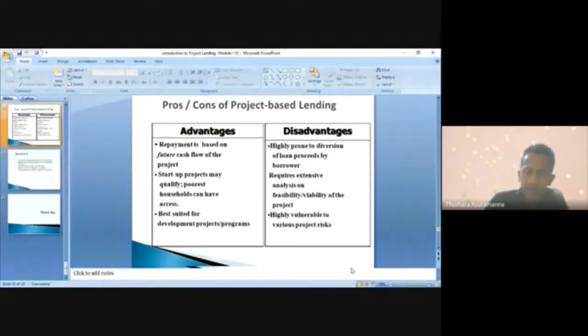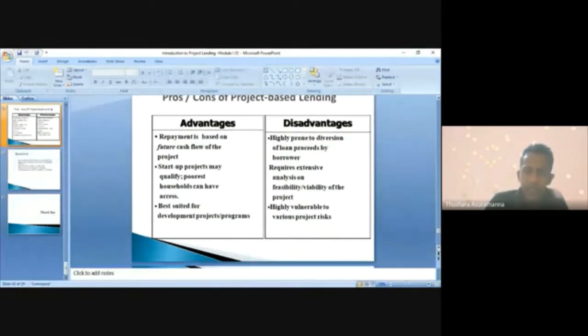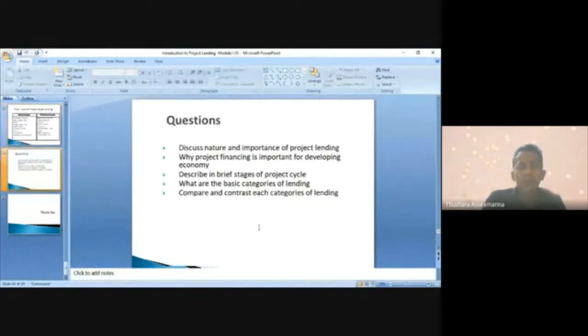revisiting and discussing again. So finally, this is basically what we have done, so you better understand the content in question form. Nature and importance of the project, why project financing is important in a developing economy or country like Sri Lanka, a brief description of stages of the project cycle, basic categories of lending, and compare and contrast each category of lending.